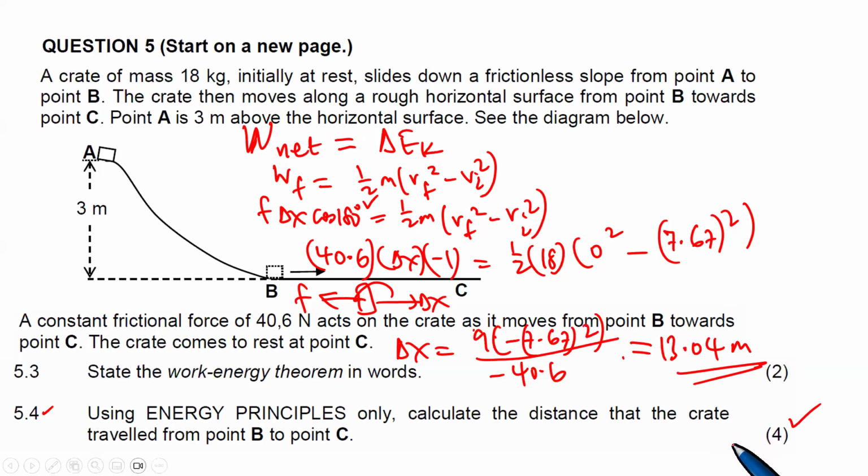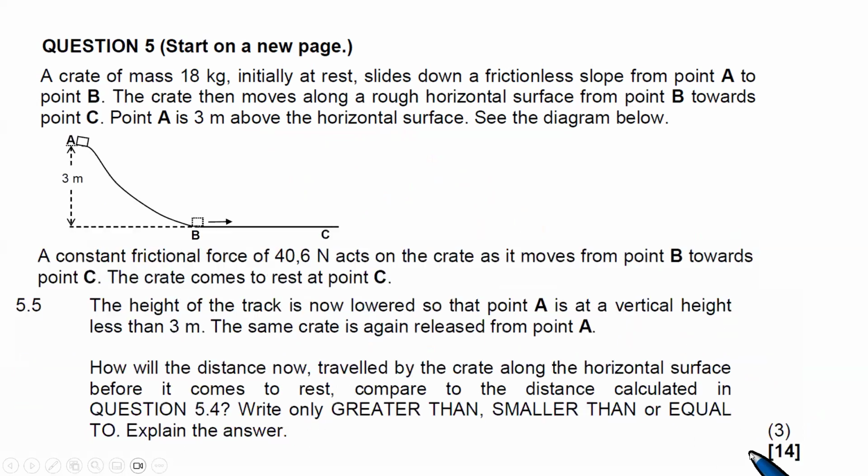Okay, but yeah, there are many ways to do it. Let's look at 5.5. The height of the track is now lowered, so that point A is at a vertical height of less than 3 meters. It was 3 meters before, but now it's lowered.